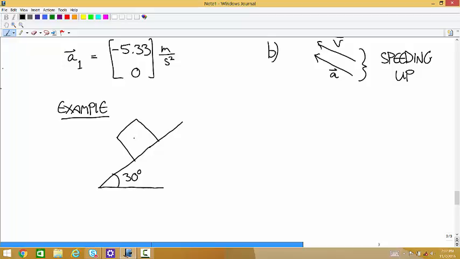Okay, so let's say that this has a mass of 5 kilograms, and let's say there's a 10 Newton force pushing it up the ramp and the motion is down the ramp. The coefficient of kinetic friction between the block and the incline is 0.1.